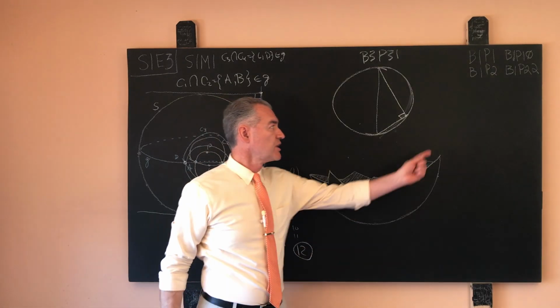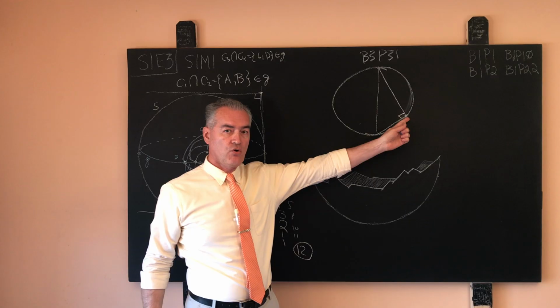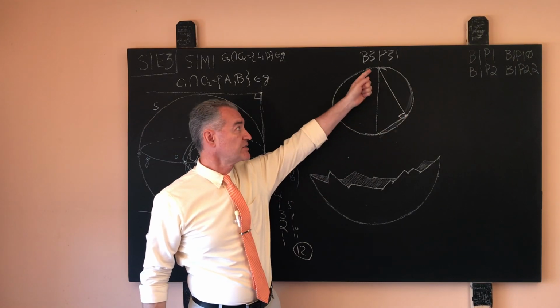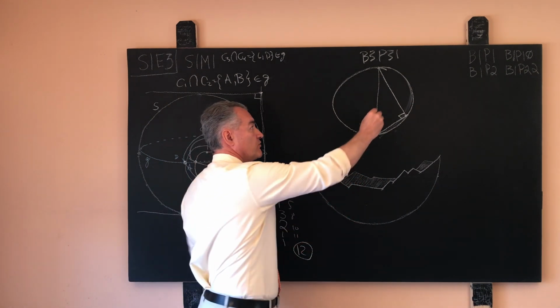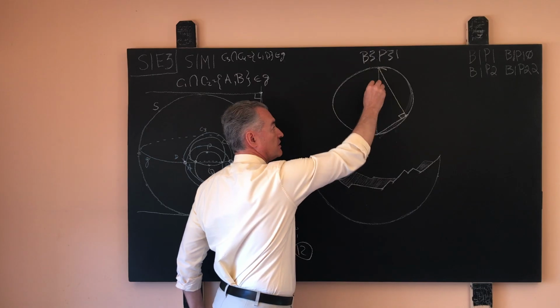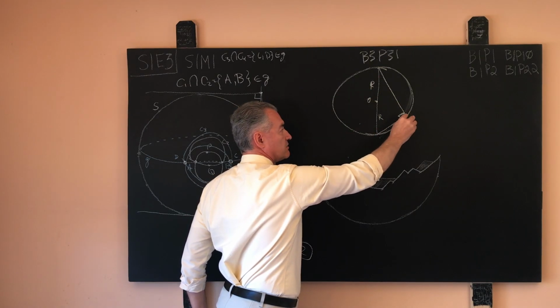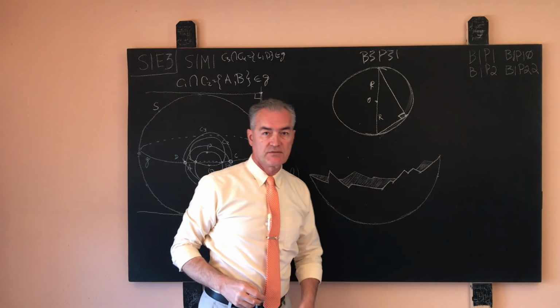In other words, if the vertex of an angle is located on the circumference of a circle, and that angle subtends the diameter of the circle, let's say this is the center, and this is the radius, and this is the radius, then this particular angle is right.